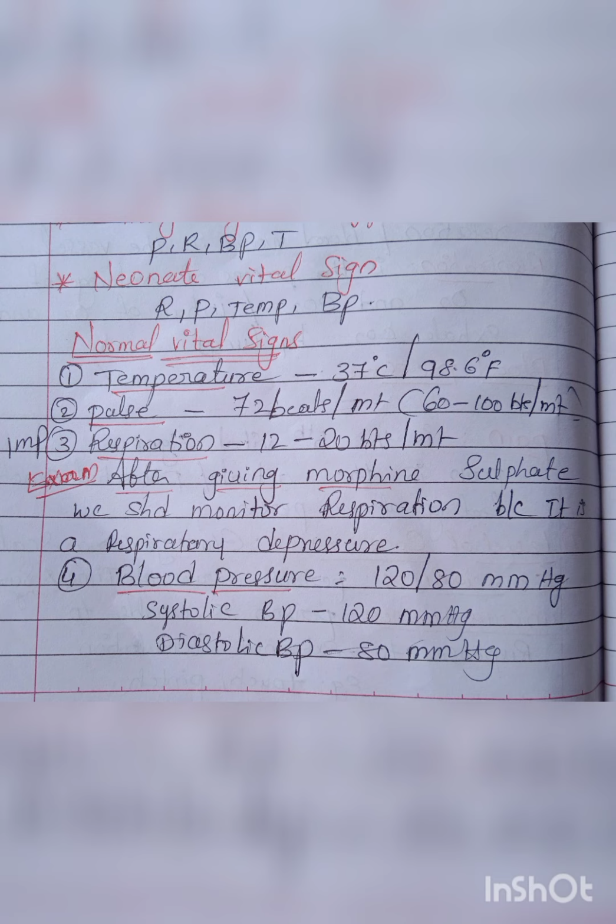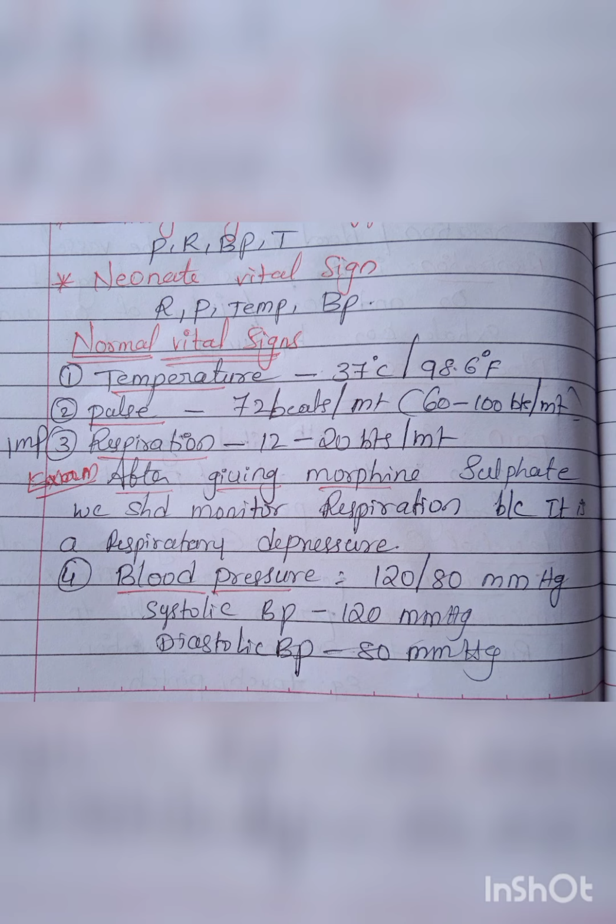Respiratory depression after giving morphine. Morphine is a narcotic drug given to keep the patient silent from vigorous activities, or in case of anesthetizing also they will give morphine. After giving morphine, it causes respiratory depression.